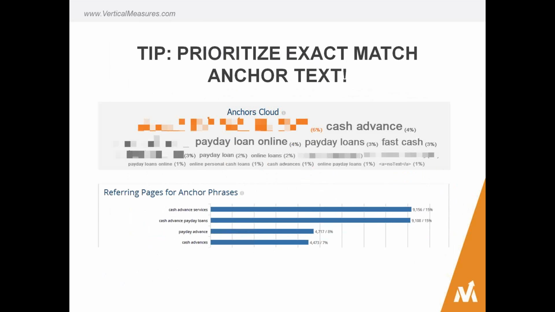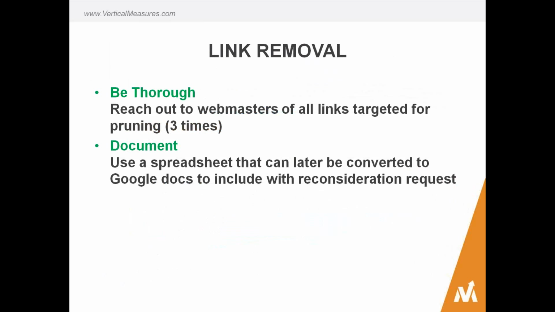Make sure your portfolio is well balanced, and this goes back to Penguin 1.0, right? When Penguin came out, obviously it was a big shock, but the principle still remains the same. You have to focus on your exact match anchor text links. They do not look good at all for Google.